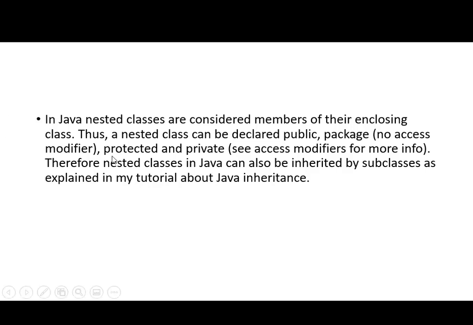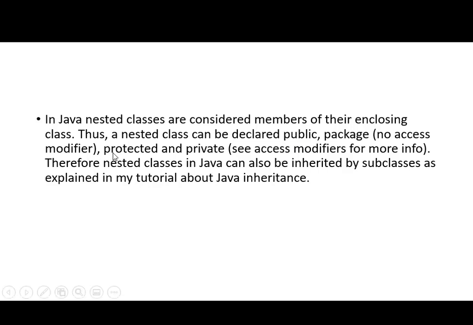Here we have a very important point. A nested class can be declared as public, or as package, which means it has no access modifier, or protected, or private. If it is declared as public, we can access this class from outside.